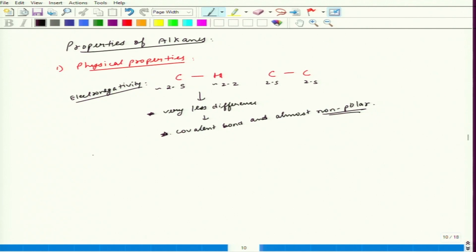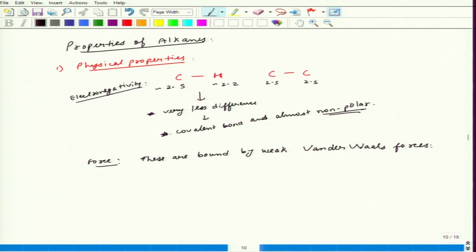The other thing we can discuss is the force. These are bound by weak van der Waals forces.